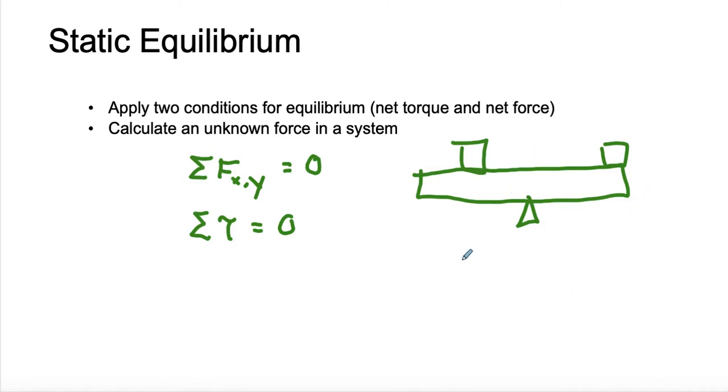You may have a disk with different forces acting on it, and you need to think about which direction all of those forces are acting, and they all have to add up to 0. So, static equilibrium.